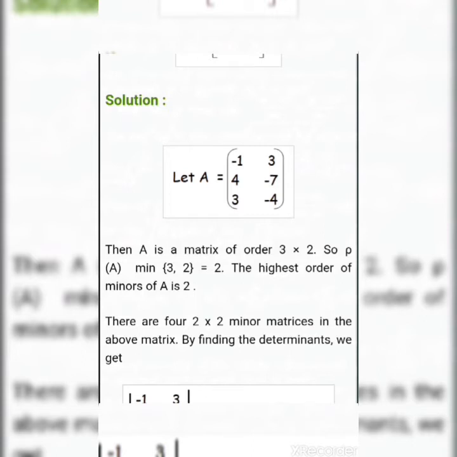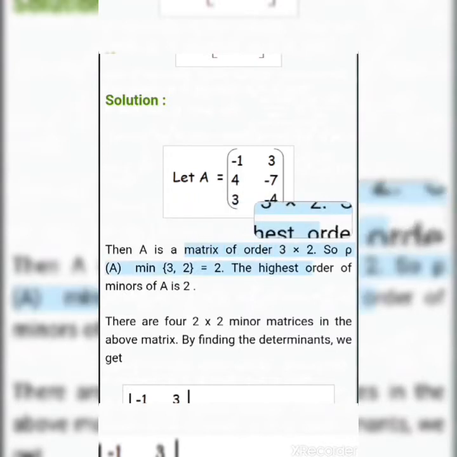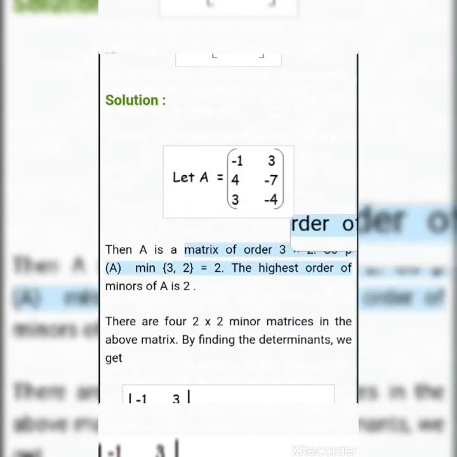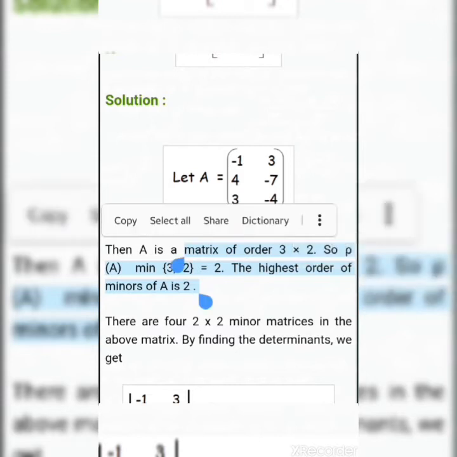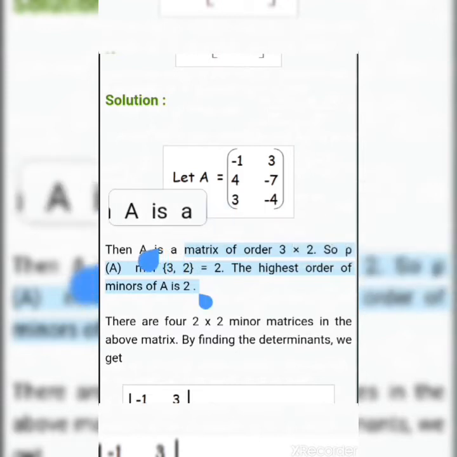Then A is a matrix of order 3 by 2. So the rank of A is minimum of 3 comma 2, which is 2. The highest order of minor of A is 2.